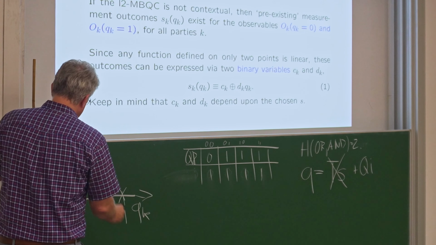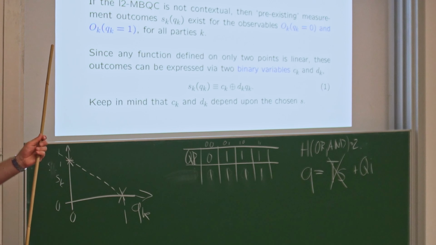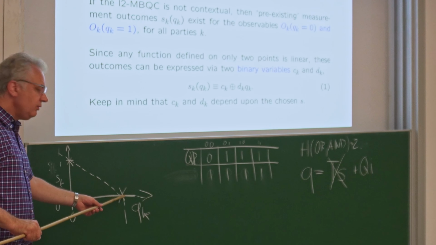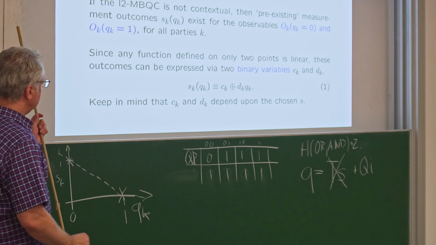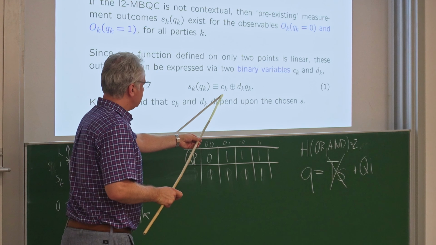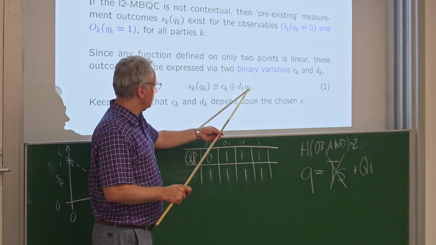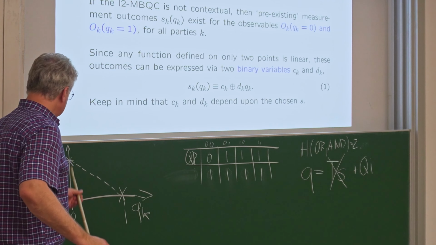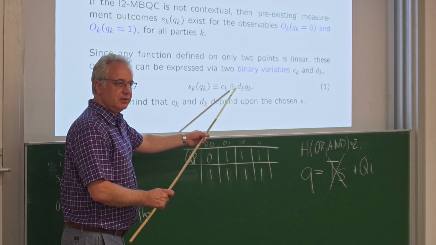Now I observe that if I have only two function values to match, I can always do this with a linear function. And so that is this relation: sk is some number ck plus some dk times qk. So qk is the choice of measurement basis, 0 or 1. In this example that I've shown here, ck would be 1 and dk would also be 1.